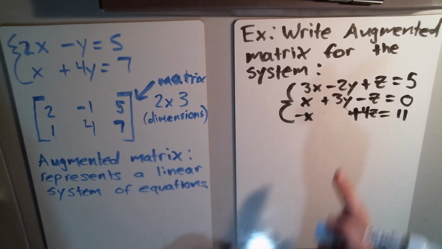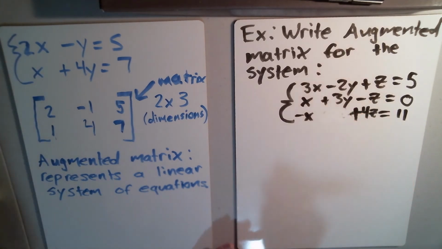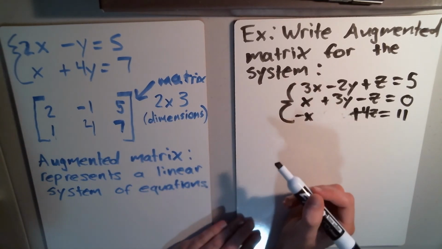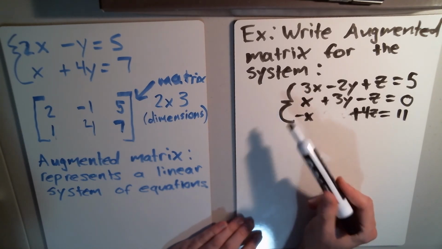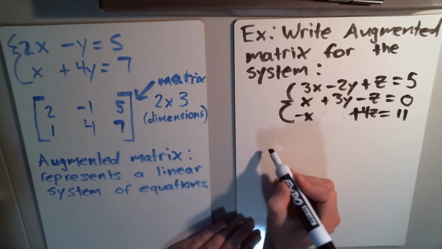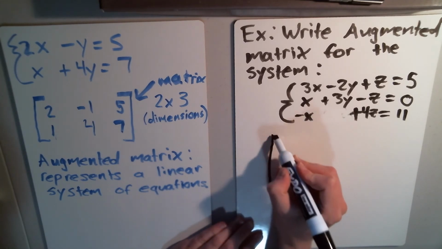So, what we have here is a system of equations with 3 variables, okay? And I want to write the augmented matrix for this system. So essentially what I just need to do is take the coefficients in front of the variables and throw them into a matrix.